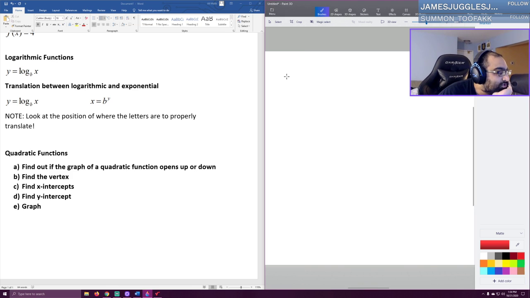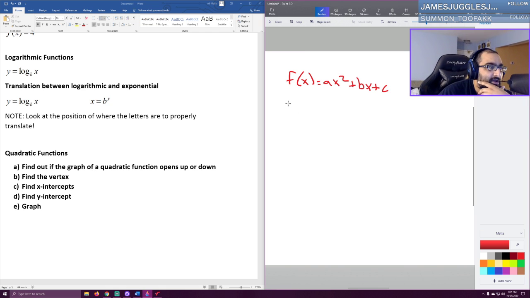So if it opens up or down, basically what we want to look at is the basic idea of a quadratic function. What does a quadratic function look like? Well, it looks something like this: f of x is equal to, say, ax squared plus bx plus c. Again, a, b, and c can be whatever numbers you want them to be.